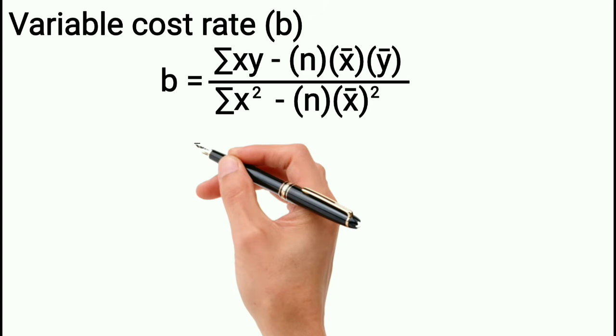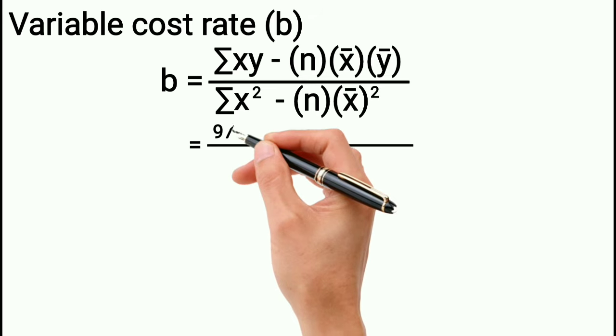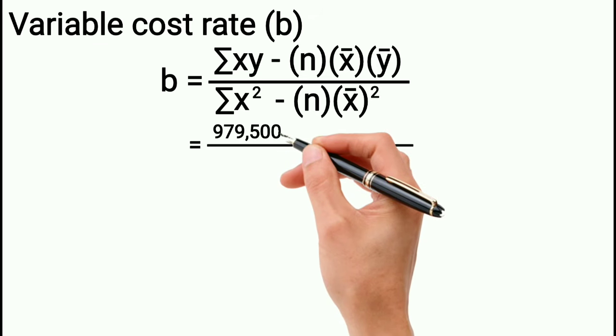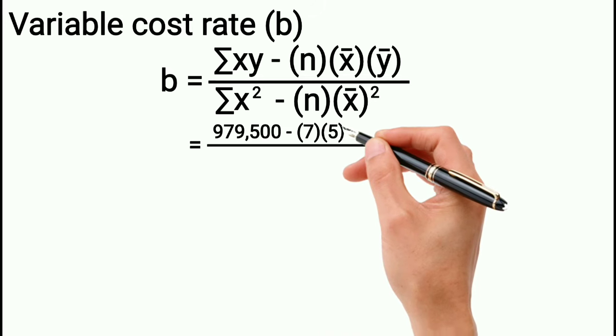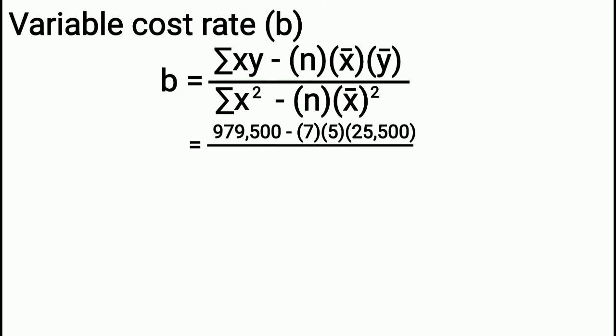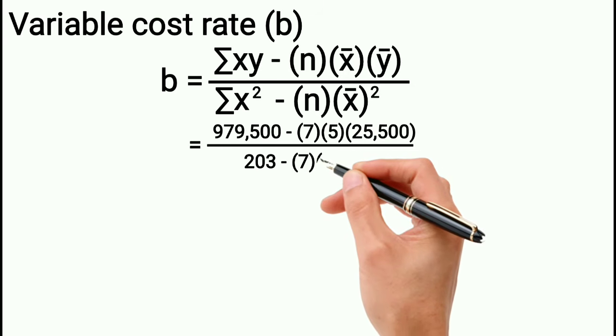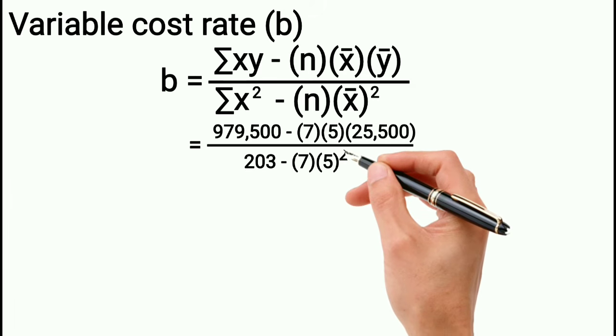I-substitute lang natin yung mga values na na-compute natin kanina. Variable cost rate or B is equal to 979,500 minus 7 times 5 times 25,500 over 203 minus 7 times 5 raised to the power of 2.